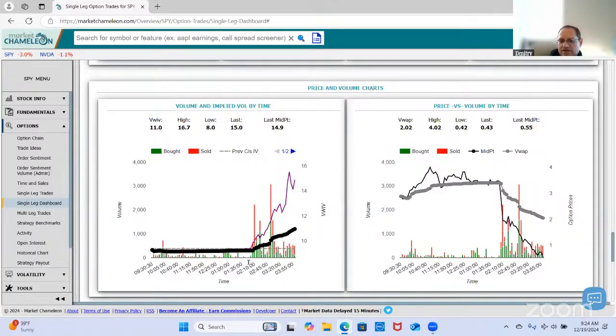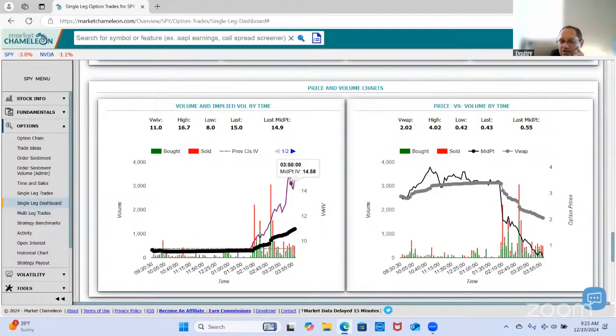From 9:30 to the end of the day, it shows us the volume traded, and these bars here show us 5-minute volume bars. The green is stacked where we interpret it as an incoming buy order versus red, incoming sell order. So that's how we interpreted these order flows.